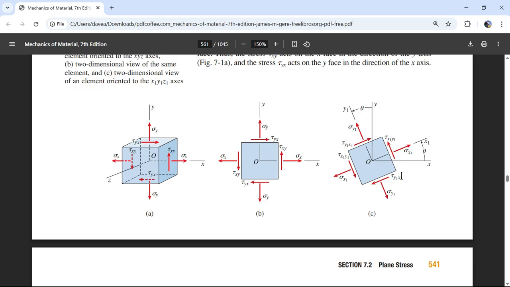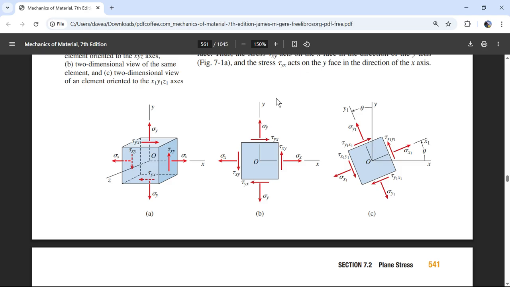And how we do that is we make a slice somewhere. One thing you could think of is turning this into a 45 degree element, totally rotated 45. I'm just going to try to draw this at a 45.